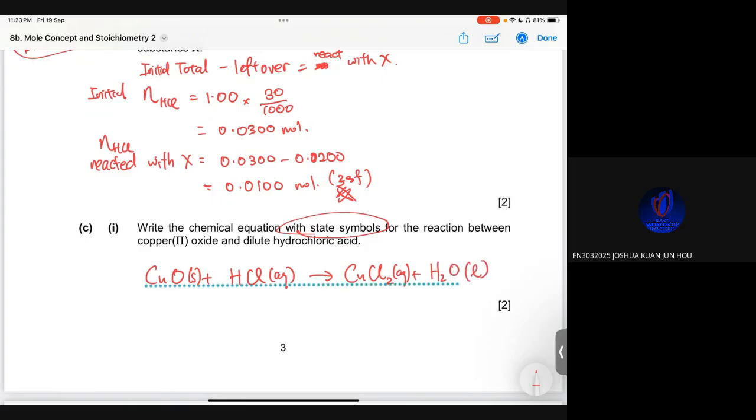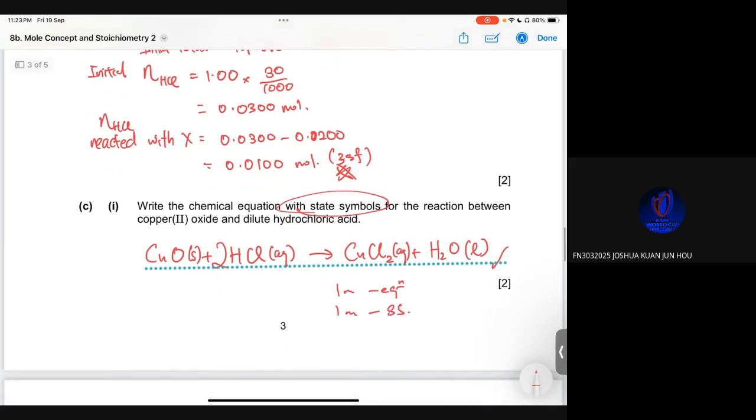So I'm going to get salt plus water. I'll need to balance, so I put 2 here and I'm done. So 1 mark for the equation, 1 mark for the state symbols. So 2 marks, easy marks. Your chemical formula is okay. Actually, this will be no problem for many of you.